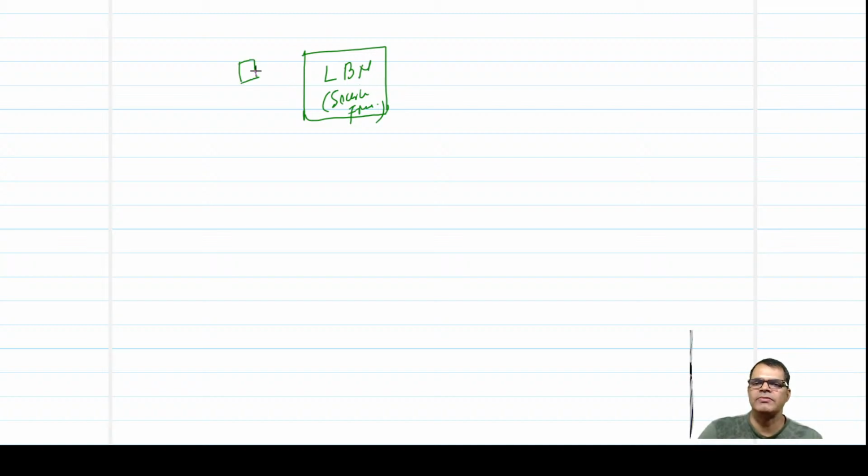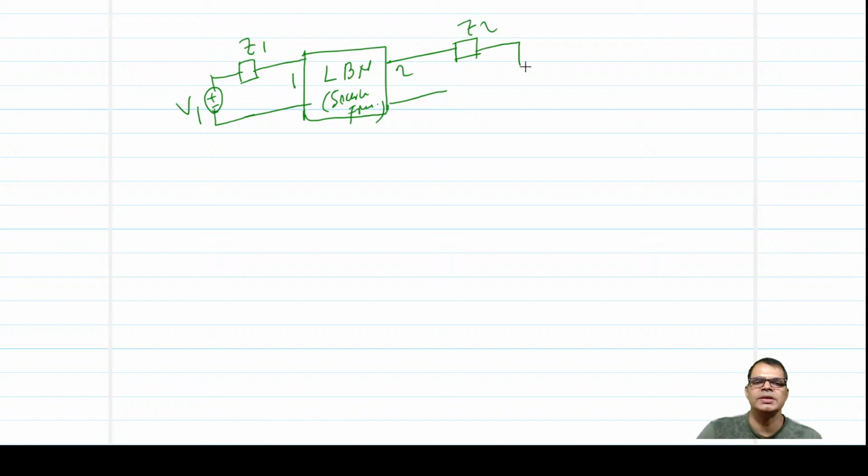Suppose you have an impedance here, and you apply the voltage, let's say V1. This is port 1 and this is port 2, and another impedance, let's say Z1 and Z2. Now you measure the response, let's say I2, the response current. Find the ratio.